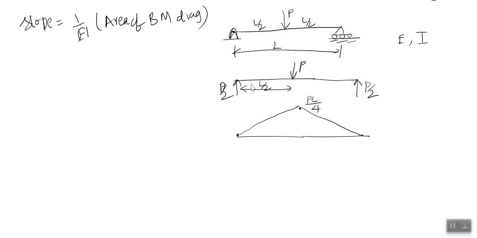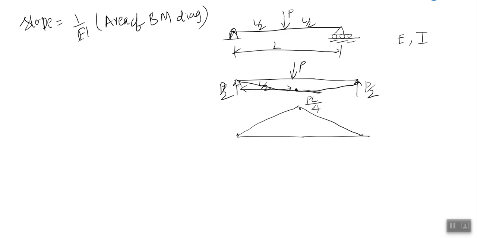And we know that the deflection curve is something like this. We will have the maximum deflection in the center, and the slope at this point is 0, because if I draw a tangent at this location, it is a horizontal line, so theta is 0, tan theta is 0, so the slope is 0.